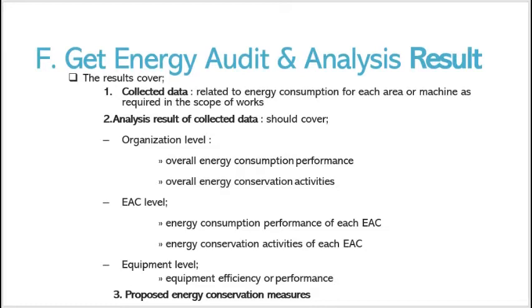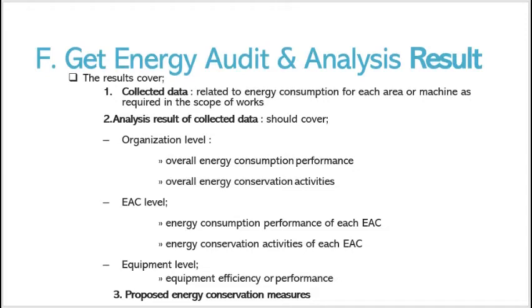Second, the analysis result of collected data should include three levels. 1. The organization. 2. EAC. And 3. Equipment level. At the organization level, should analyze the overall energy consumption performance and the overall energy conservation activities.